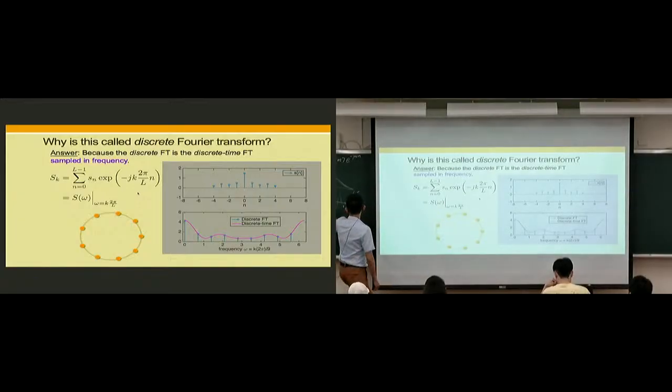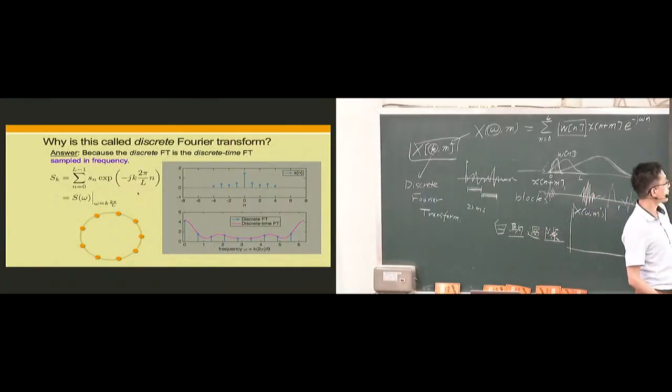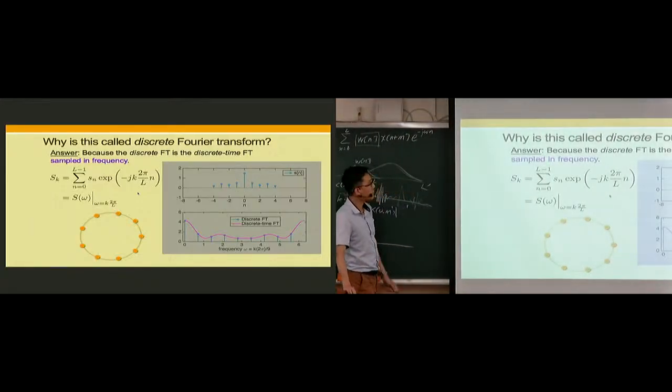The spectrum was continuous in frequency, but now we sample in the frequency domain. So now the frequency also becomes discrete. Time is discrete, frequency is also discrete. That's the reason why we call it the discrete Fourier transform.